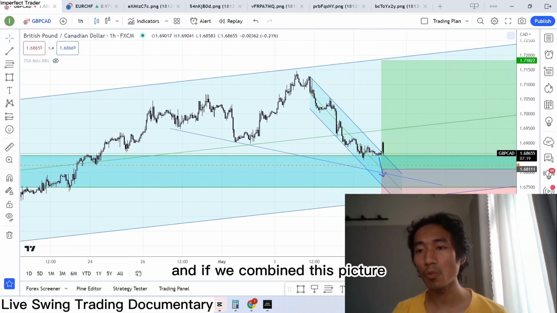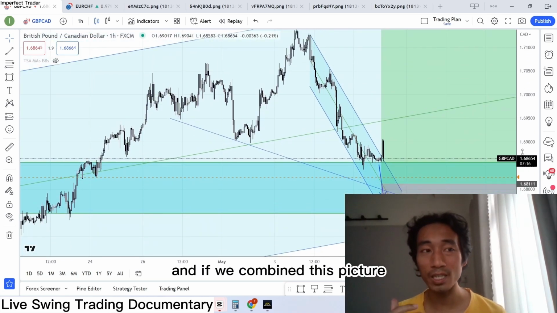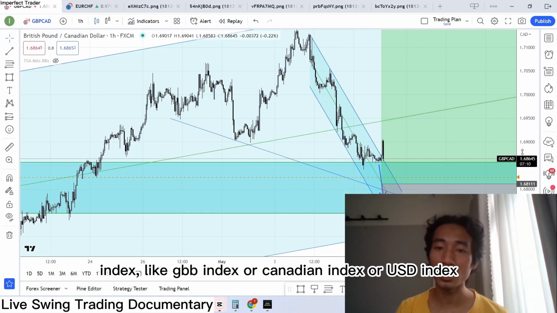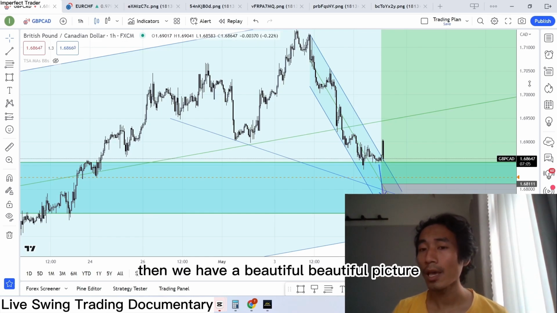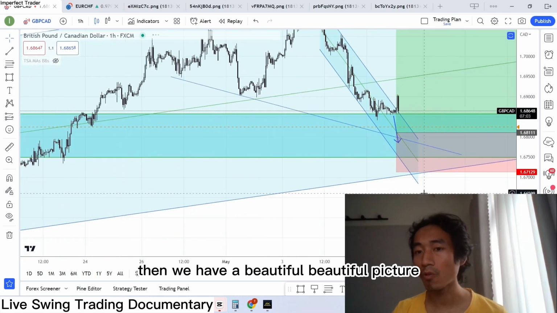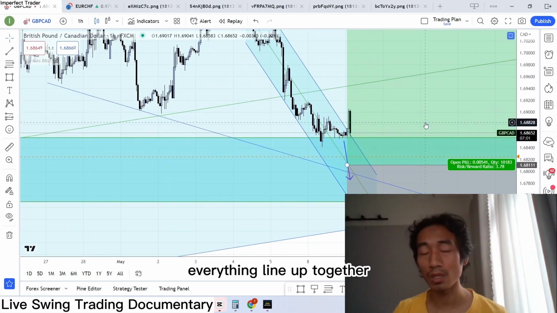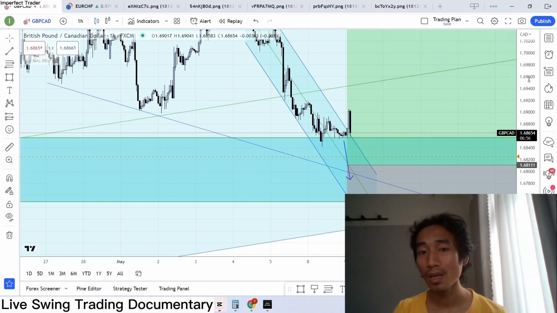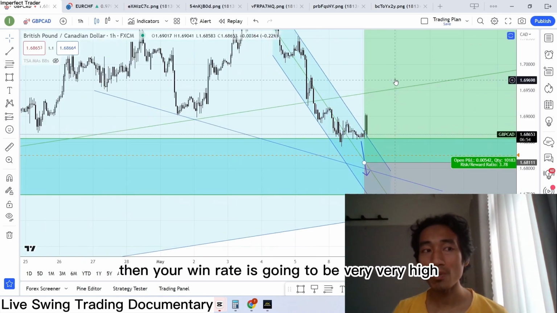And if we combine this picture with short-term and mid-term sentiment of currency indexes like the GBP index or Canadian index or USD index, then we have a beautiful picture. Everything lined up together. And if you can actually understand fundamental analysis, then your win rate is going to be very high.